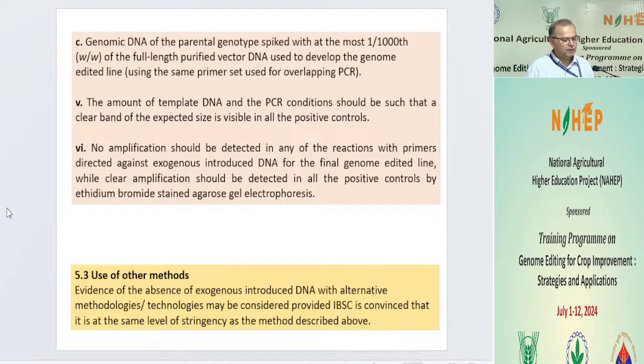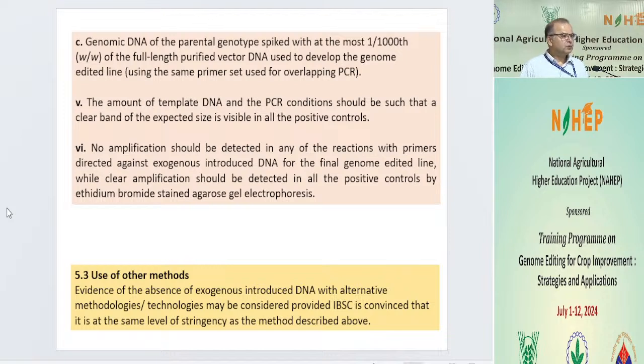The amount of template DNA and the PCR conditions should be such that a clear band of expected size is visible in all the positive controls, and no amplification should be detected on the DNA for which you are claiming it is free from exogenous DNA. Okay.